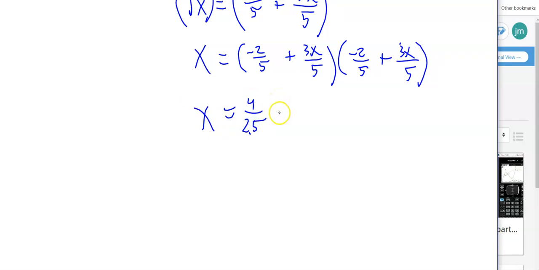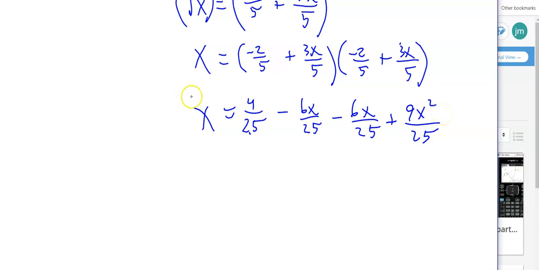Outside would be minus 6x over 25. Inside would be minus 6x over 25. And last would be, let's see, 9, so plus 9x squared over 25.